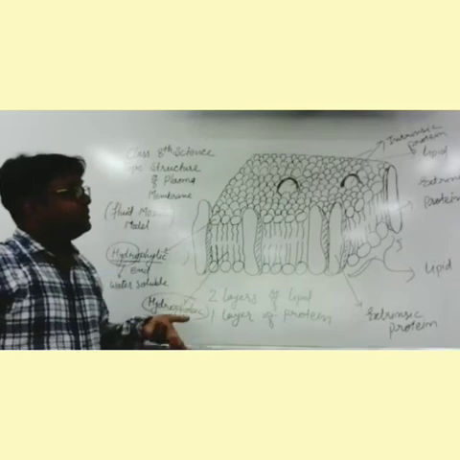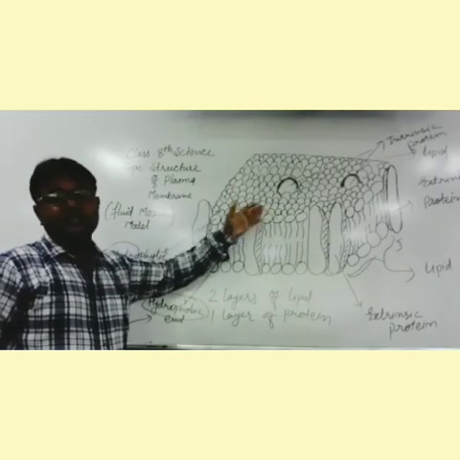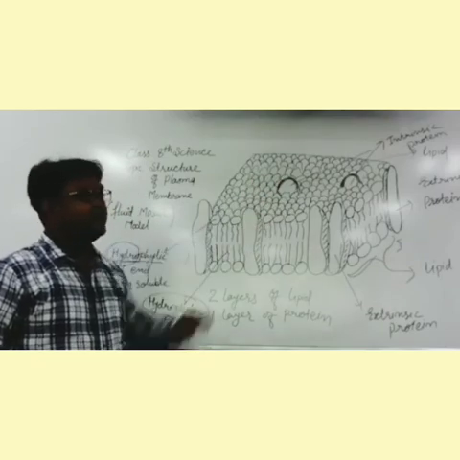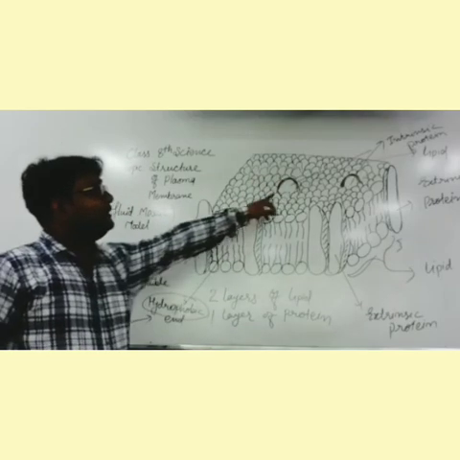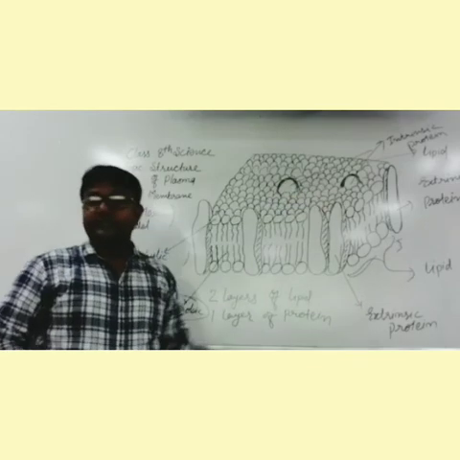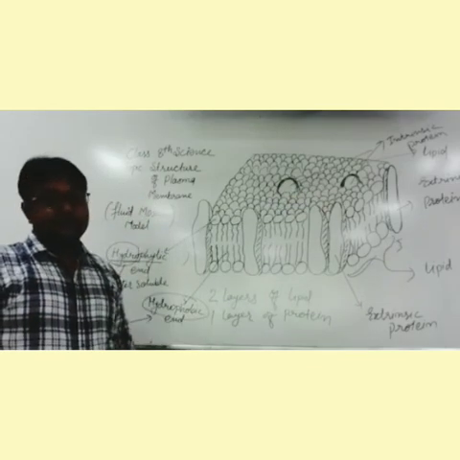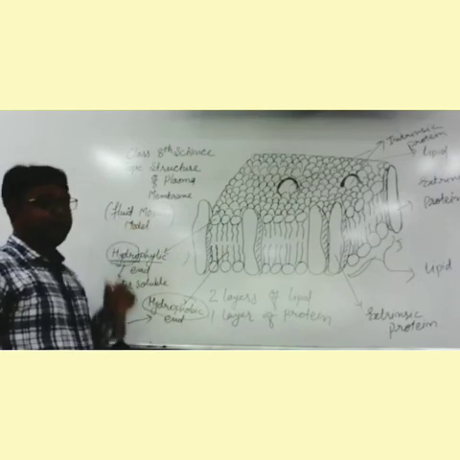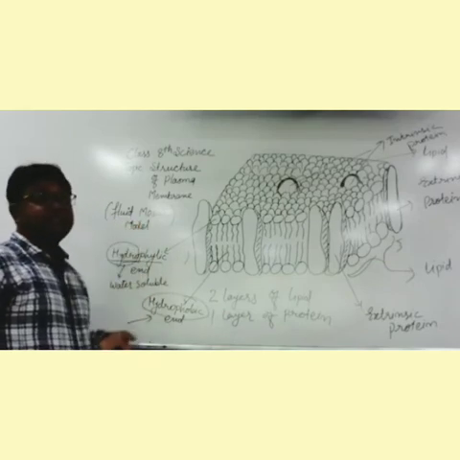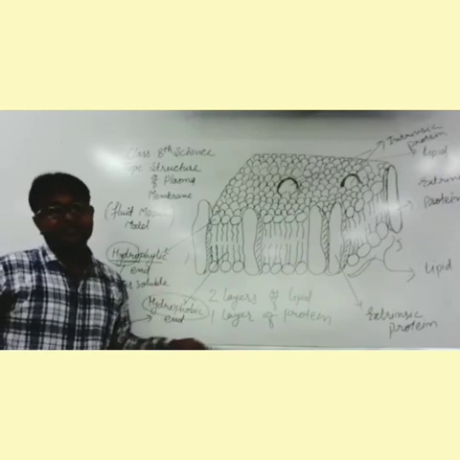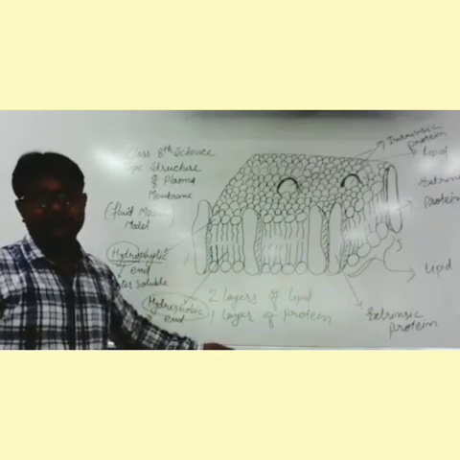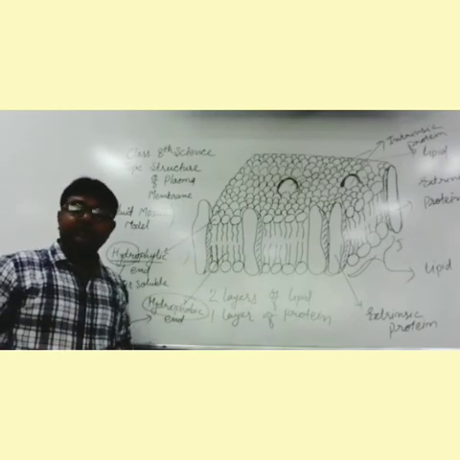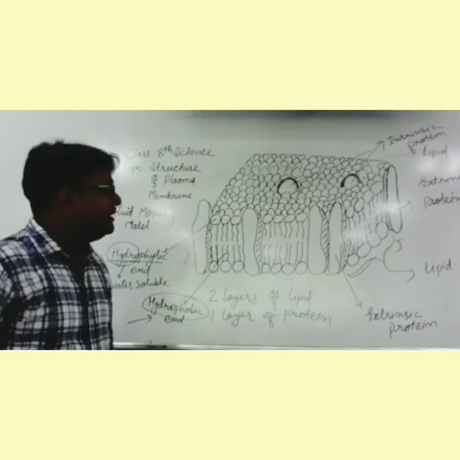So intrinsic protein also has 90% of its part inside the plasma membrane, and only 10% we are able to see. This was the plasma membrane structure, also called the fluid mosaic model, proposed by Singer and Nicholson in 1972.